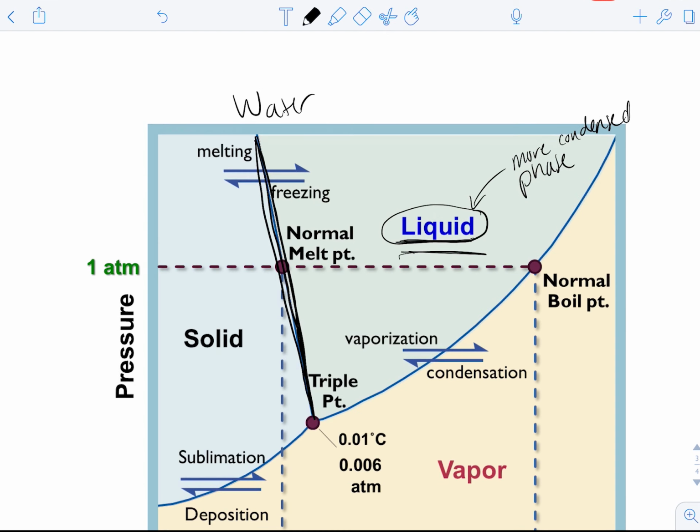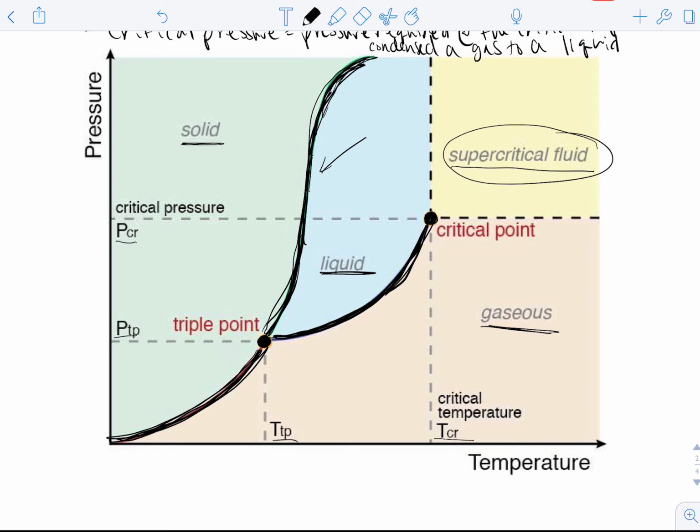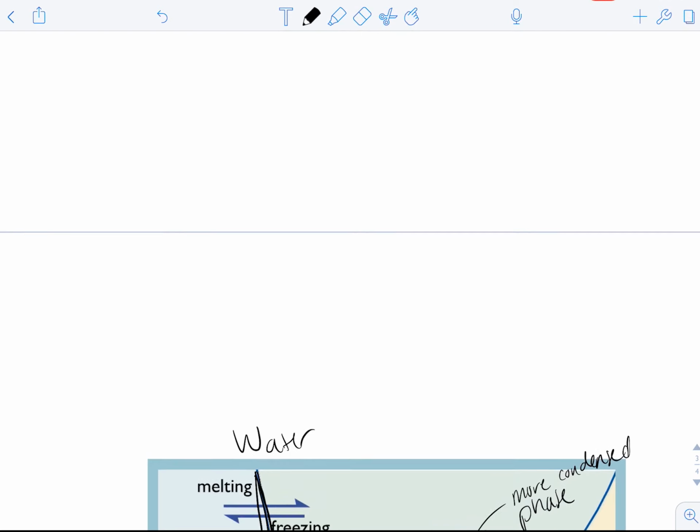Here we're not actually showing the critical point, we're just showing the triple point. Oh, sorry, we are showing the critical point here and the triple point. So make sure you can show your triple point, I lied. We don't have a critical point on this one. We have our normal boiling point here. Here is where we have our critical. So make sure you can write where the supercritical fluid is, the critical point.